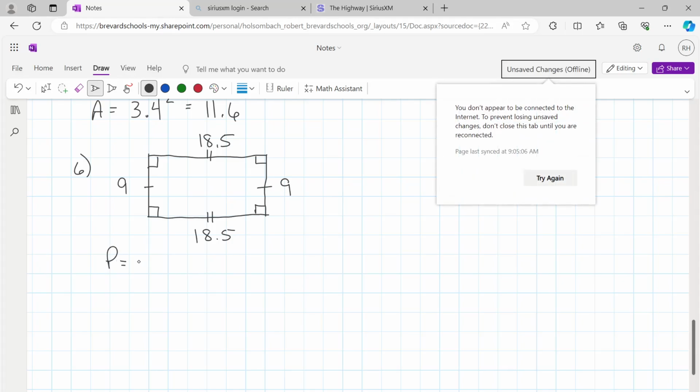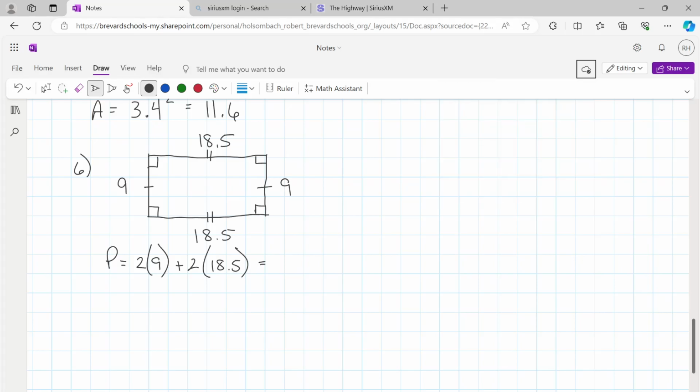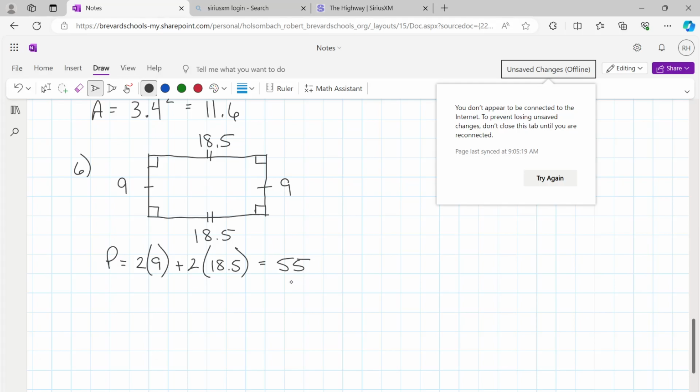So our perimeter is equal to 2 times 9 plus 2 times 18.5. And I get 55. The area here is equal to base times height. So we do 18.5 times 9. 166.5.